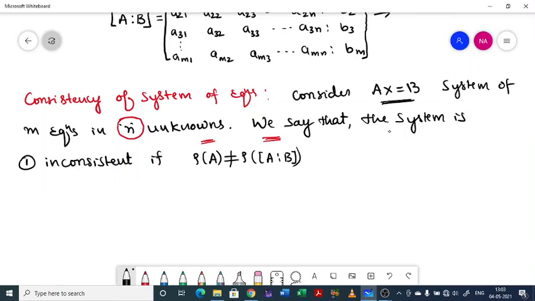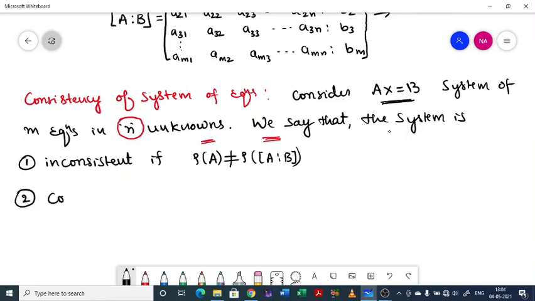So if the ranks of those two matrices are different, then that system is inconsistent and has no solution. In this case, we have to stop the procedure there.